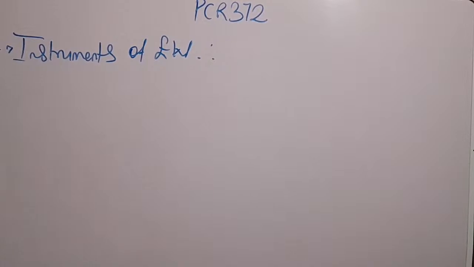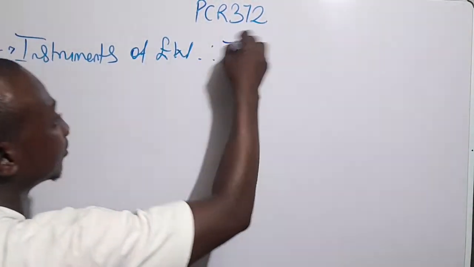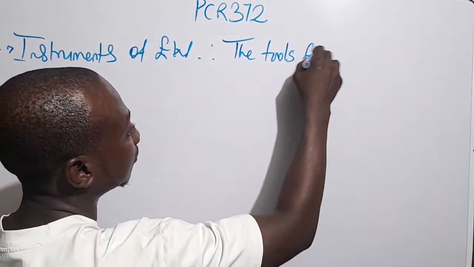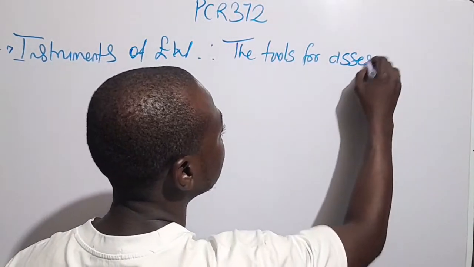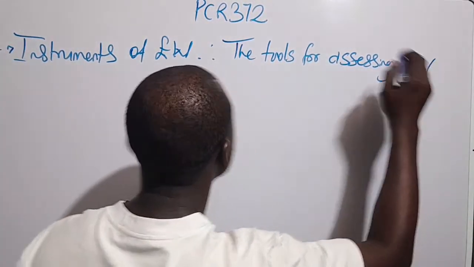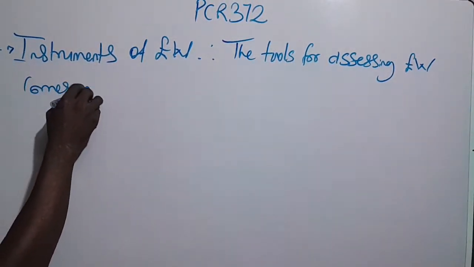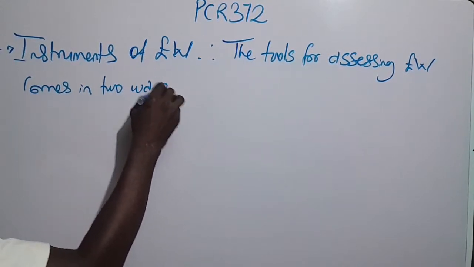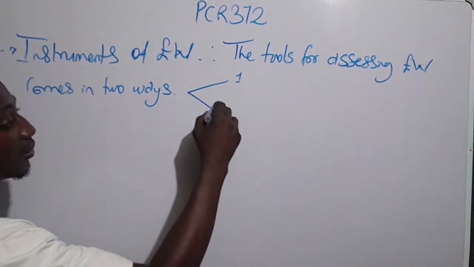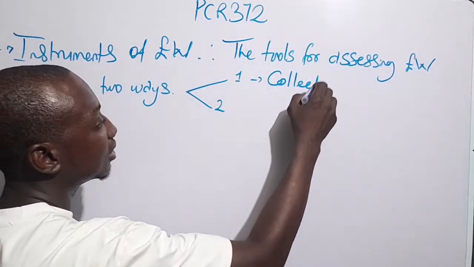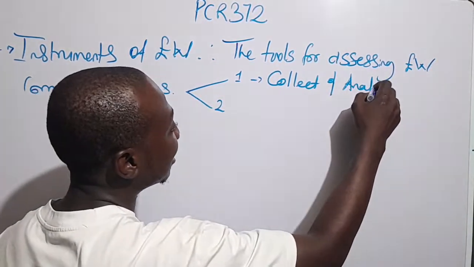So, instruments of early warning. Now, the tools for assessing early warning come in two ways. First, we collect and analyze.